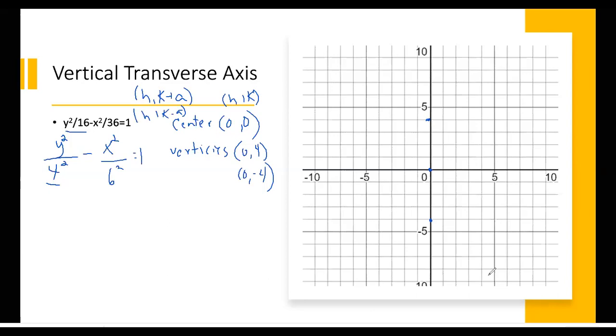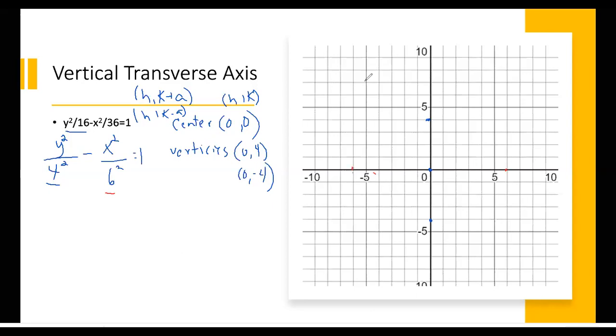Okay, so we have our center and our vertices, and we need to draw our box. So that's the next step, is we want to draw this box. Now we have to find our co-vertices. So we're going to go 6 in our x direction to get to our co-vertices here and here.